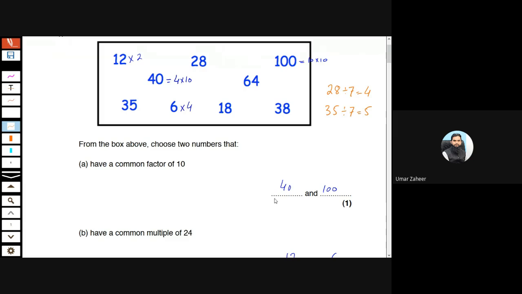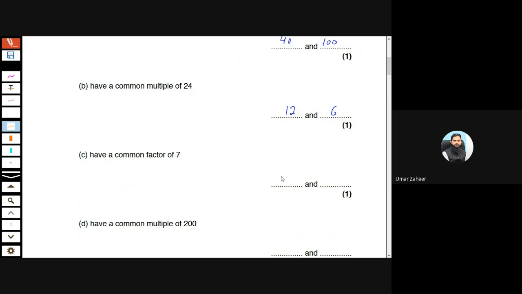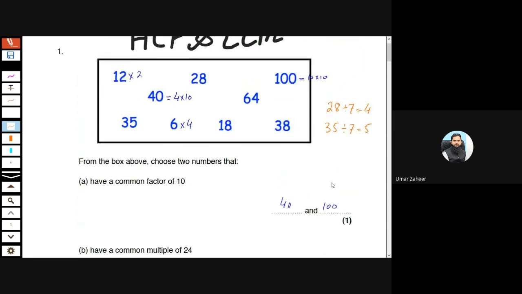Okay, so we have 35 and 28. Now have a common multiple of 200. Which are the two numbers that have a common multiple of 200?